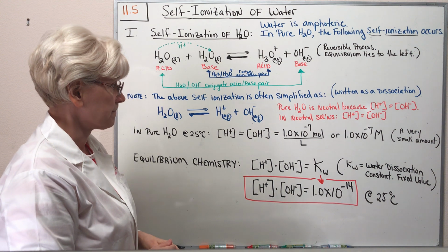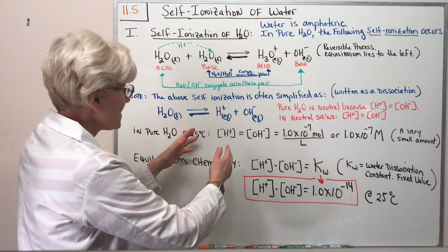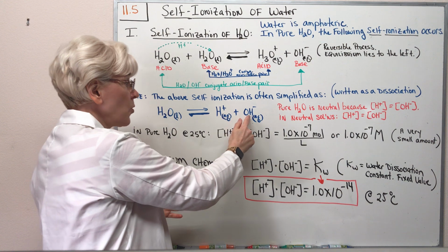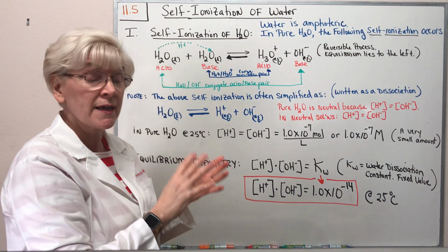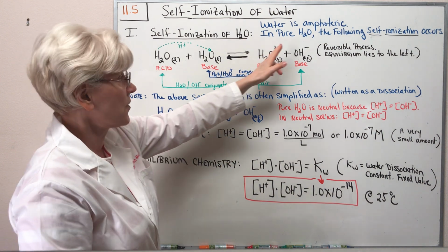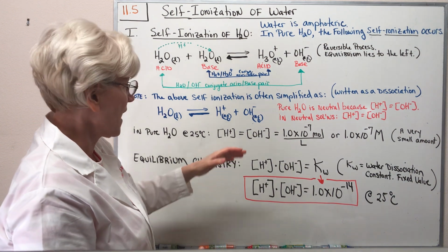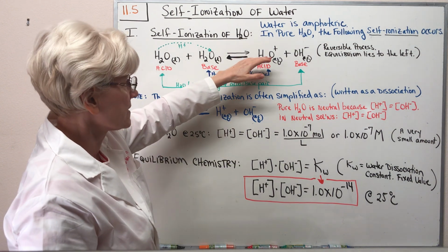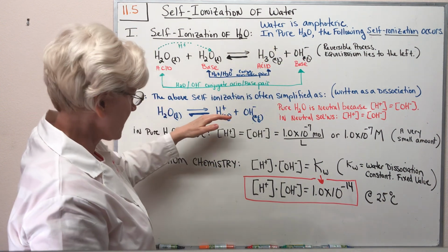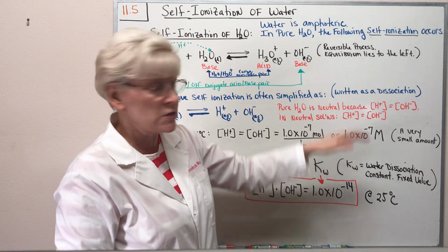Notice that pure water is neutral because we can see in this dissociation, in this ionization, that equal mole amounts of hydrogen ion and hydroxide ion are produced. Equal mole amounts of hydronium and hydroxide ion, if you please. Because you don't have an excess of either the acidic or the basic ion, pure water is neutral.